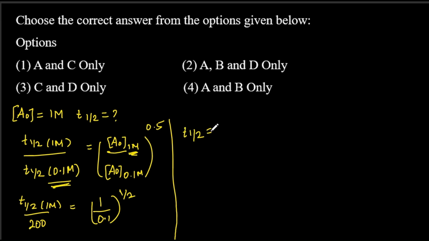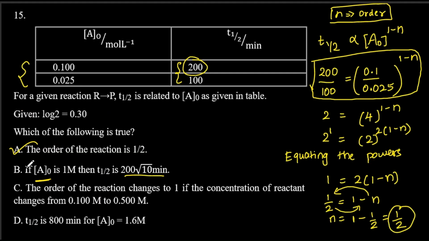Taking the 200 to the right hand side, T half is equal to 200 into 1 by 0.1, which is 10, power 1 by 2. And 1 by 2 power is nothing but square root. So the second option is also correct: if A naught is 1 M, the T half is 200 root 10.